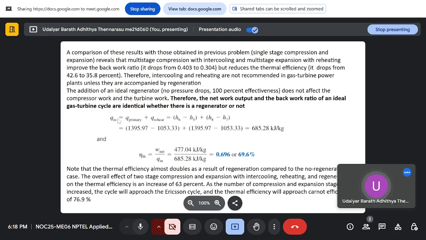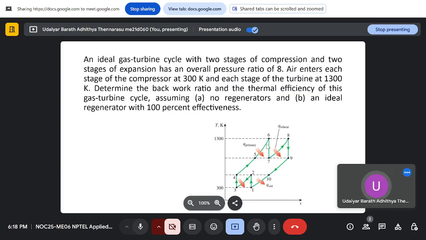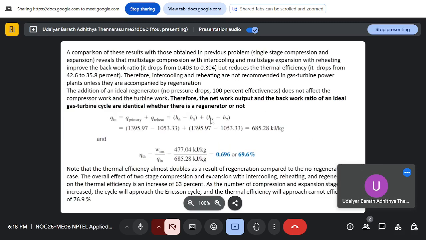The heat addition is the primary heat plus the reheat, so it will be 6 minus 5 and 8 minus 7. So it will be 2 times H6 minus H5, which is 685.28 kilojoule per kg. And the thermal efficiency now has increased to 69.6%.